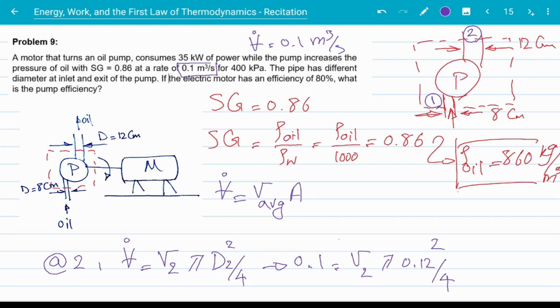Now plugging in numbers, we get that the velocity at the exit is 8.84 meters per second.